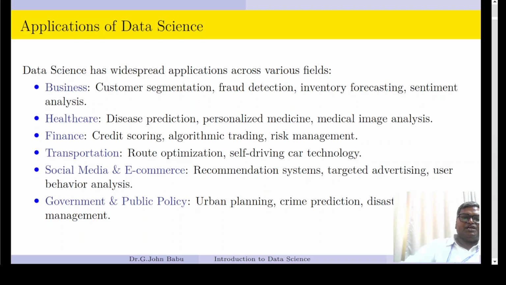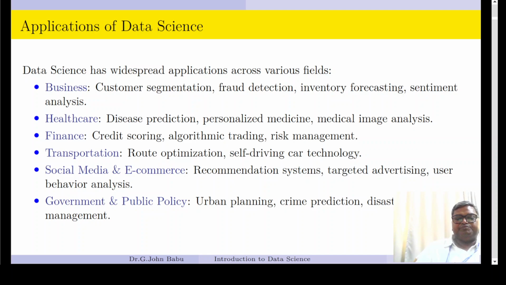Then user behavior analysis, how the people are behaving. Your social media is a mirror of your behavior. Nowadays, even the USA, when they give a visa, they look at your social media profile, what type of tweets you are posting, what type of Facebook posts you are liking or posting. This is data playing a crucial role in behavior analysis.